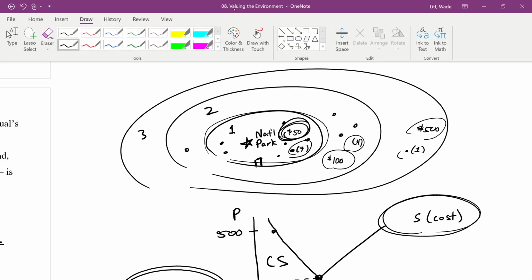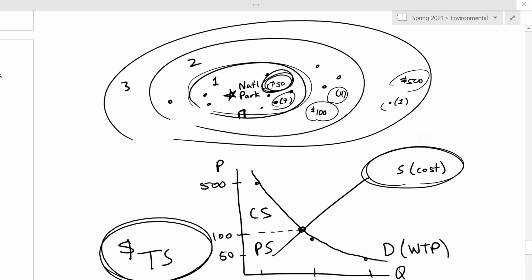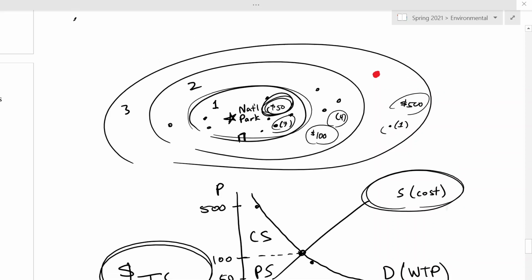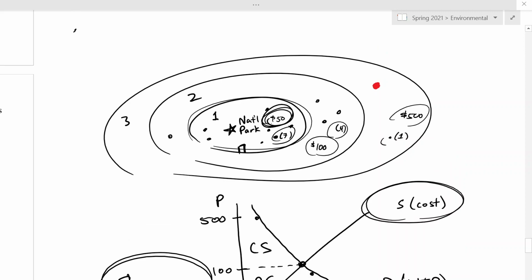in the same example with the national park, there may be some person over here, this red dot, they value the national park, but maybe they value it because they have existence value, or they want their kid to be able to go see it one day.